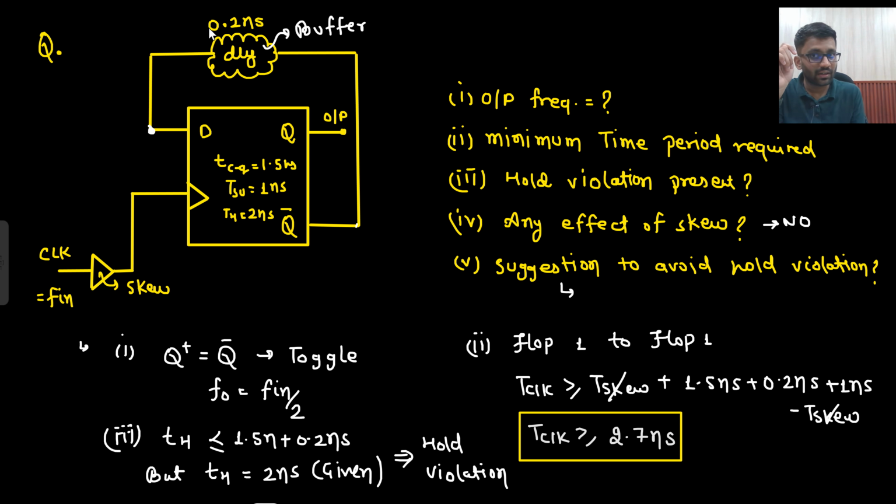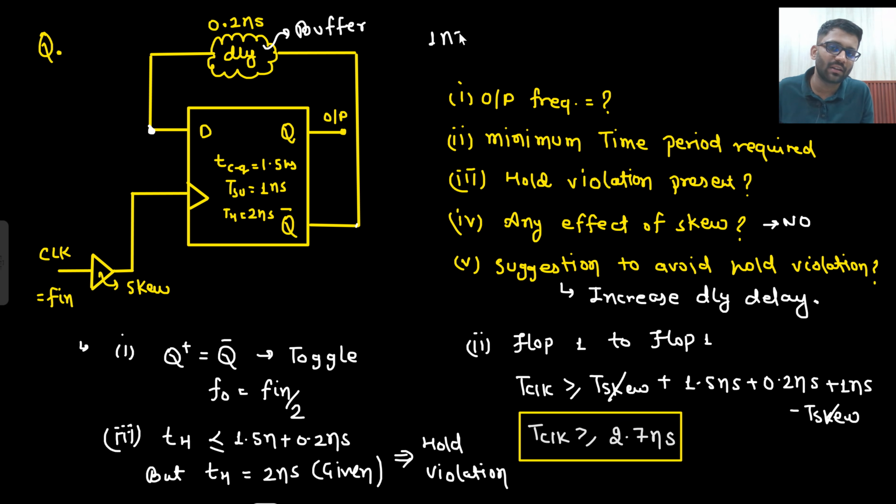But this is your external delay. So what you can do is introduce another buffer, or just increase the delay of this buffer. So increase the delay. Because if I increase it, let's say I make it 1 nanosecond, then what will happen? TH would be what? 1.5 nanosecond plus 1 nanosecond.